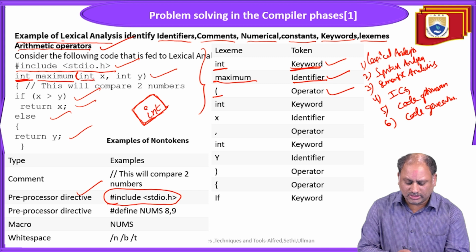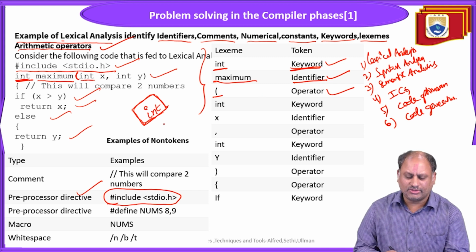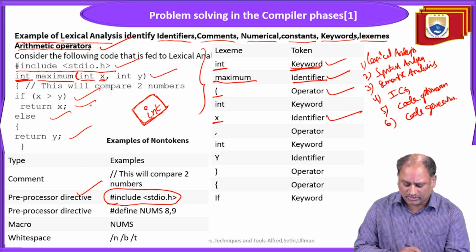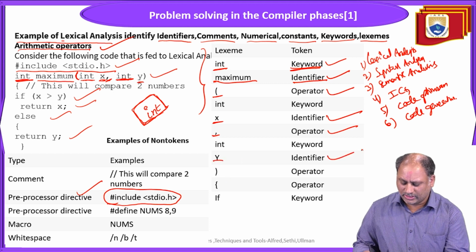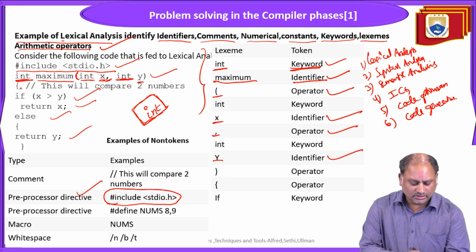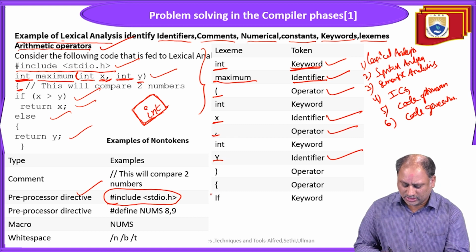Then int is written, that is a keyword. Then x, what about x? X is an identifier. Then comma is also considered an operator. Then int we have considered already, it is a keyword. Y is an identifier. Then the open parenthesis and open brace are to be considered as operators.